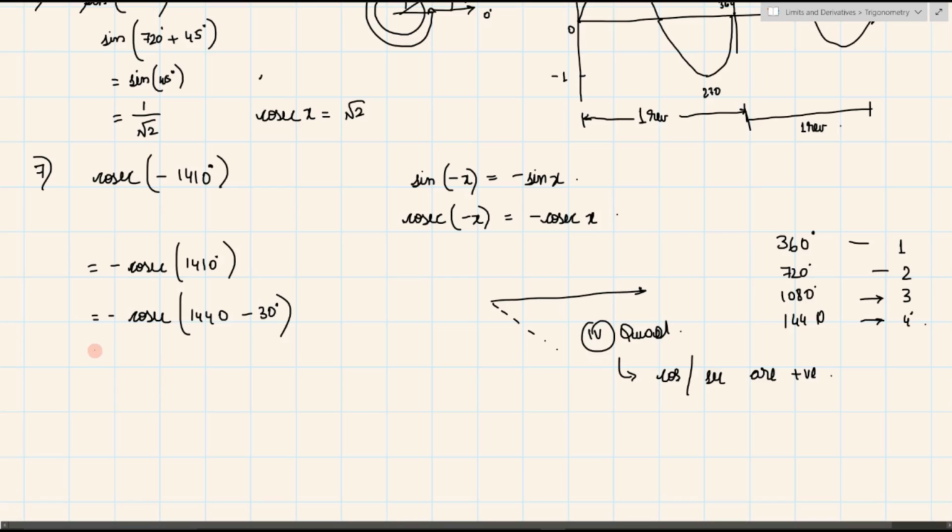Since we have minus of minus cosecant 30 degrees, the minus will cancel, and we'll have cosecant 30 degrees, that is 1 by sine 30, that is 1 divided by 1 by 2, that is 2.